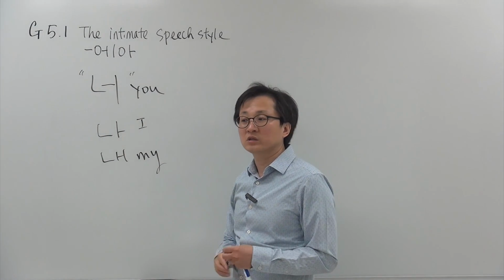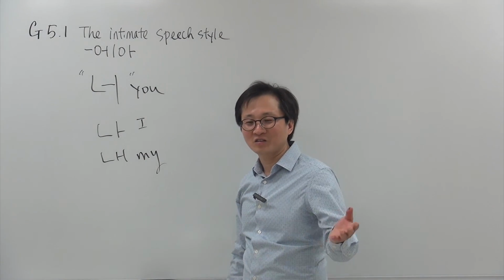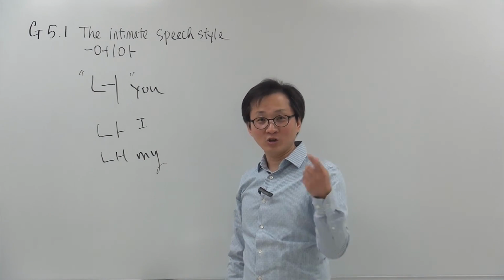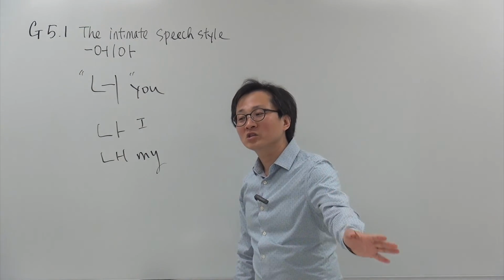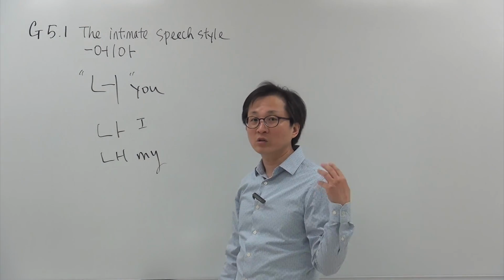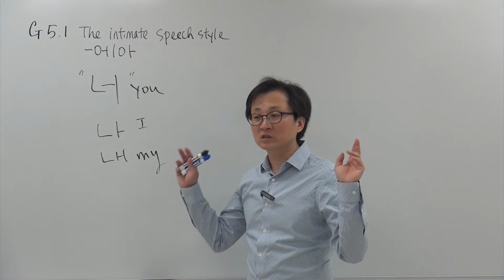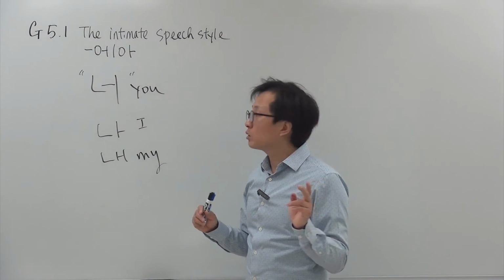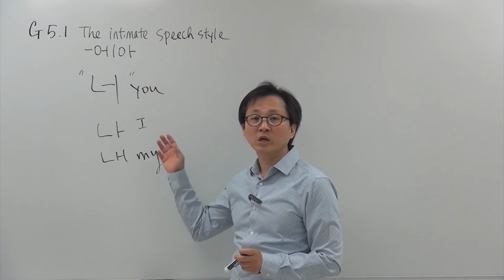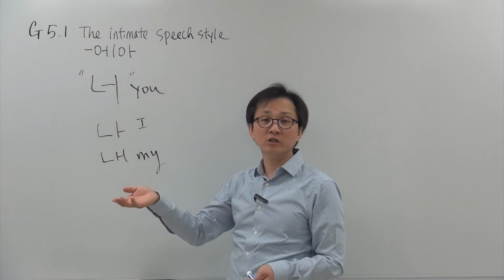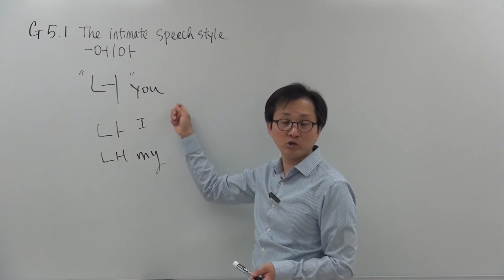I sometimes hear from my students that some students called me 너. Yeah, you should not call me 너. When students call 선생님, they have to address the 선생님 with the word 선생님. So in Korean, we don't really use the second person pronoun when you talk to someone who is higher than you are. But when you use this intimate speech style, you can use this 너.